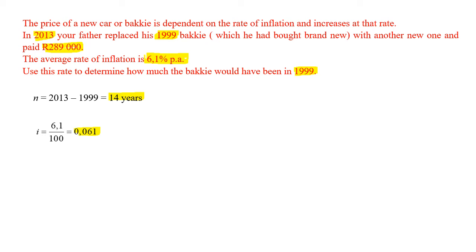It says use this rate to determine how much the bakkie would have been in 1999, in the past. Meaning that in 2013, it's 289,000 Rand. In the past, I need to know which one is the value for A and which one is the value for P. And when I do this, I can understand that I'm given the value for A. I need to calculate the value for P. Remember, A is the accumulated amount as I know it, which means it's the final amount.